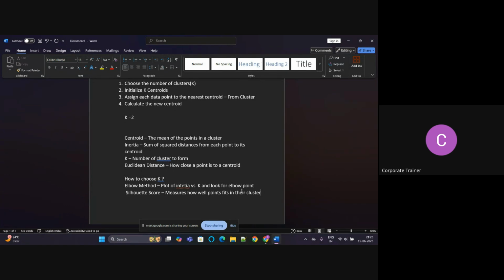Apart from this, there is some mathematical operation behind it.